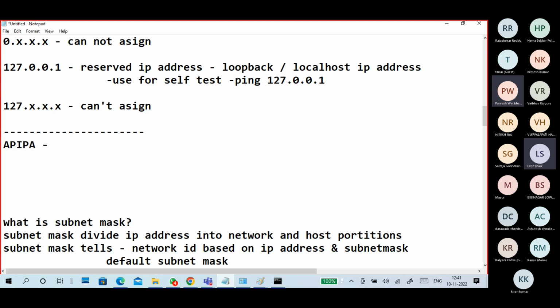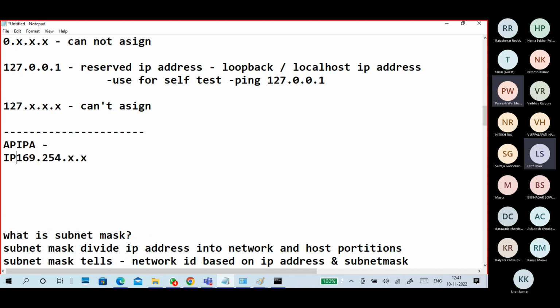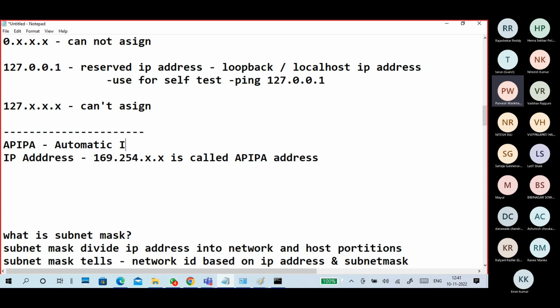Automatic private IP address: 169.254.x.x. An IP address going like this is called an automatic private IP address, or APIPA address. So what is this APIPA?